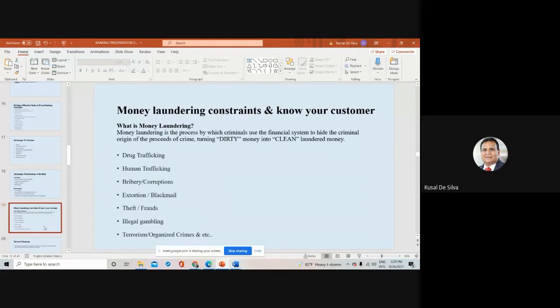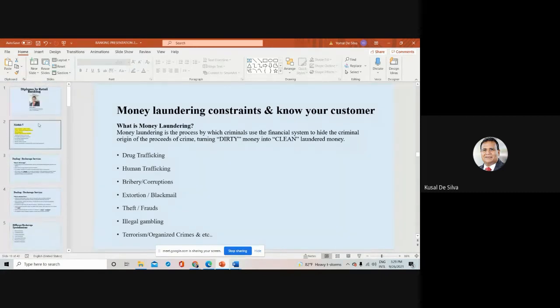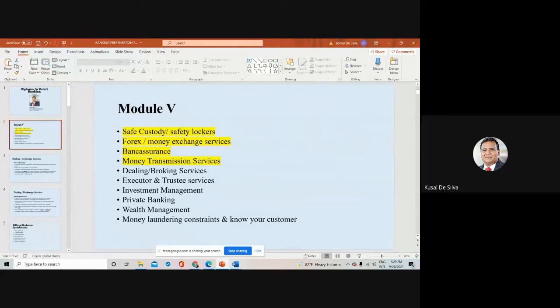So far, I will just go through and recollect what we have done: safe custody and safety lockers, forex money exchange services, bank assurance and money transmission services. Then I have covered dealing and brokering services, executor and trustee services, and private banking.